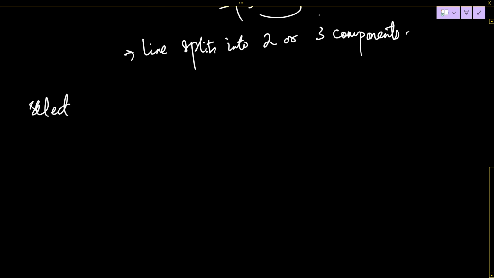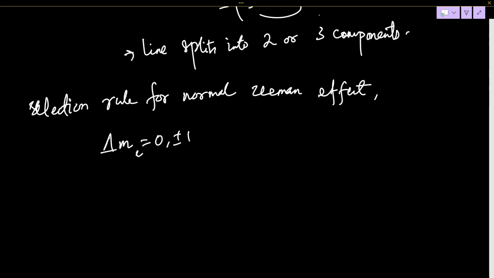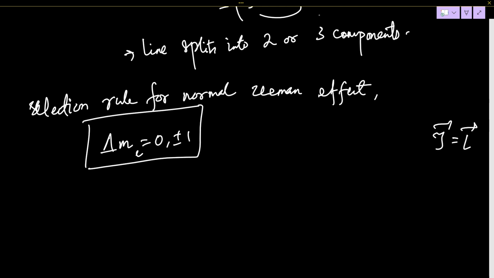Delta m is equal to delta m_l is equal to 0, plus or minus 1. Why delta m_l? Because J is equal to L, isn't it?